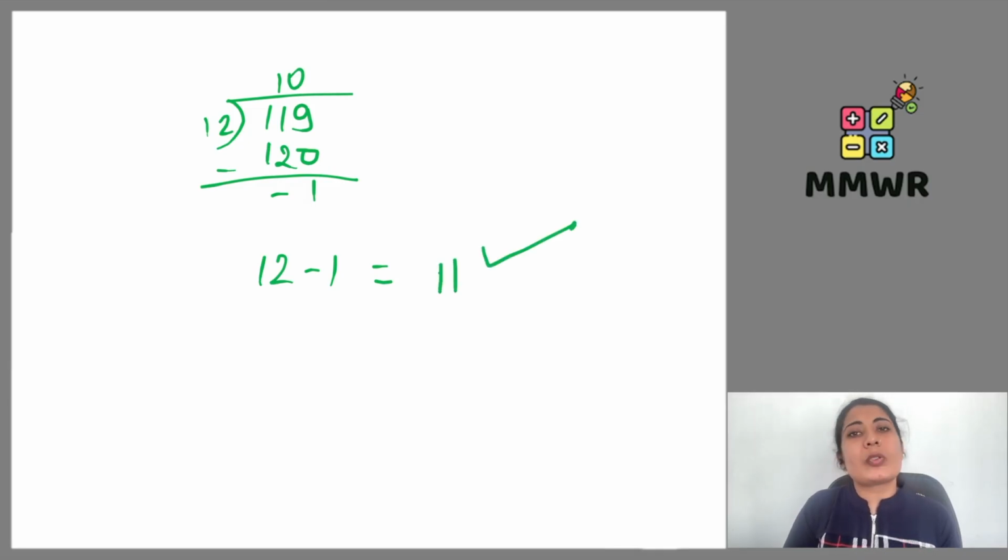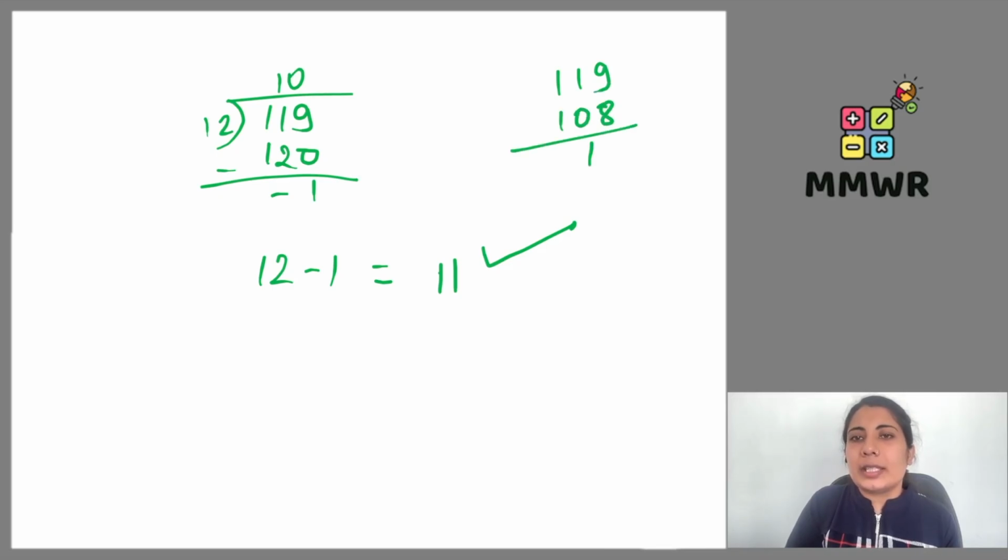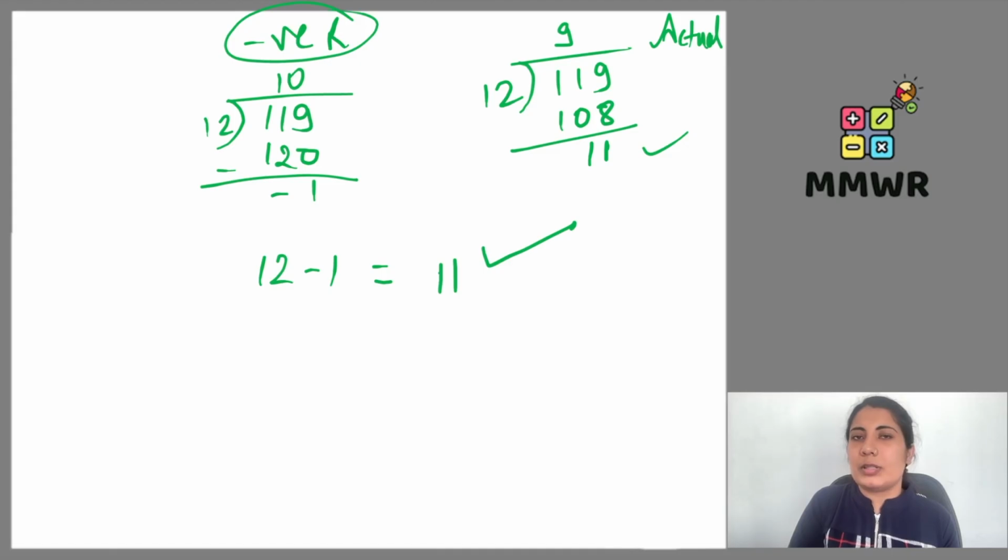So actual remainder is going to be 11 and the actual quotient should be 9. So 12 nines are 108. 119 minus 108 gives me 11 here. 12 by 12, 9 times, right? 11 is the actual remainder. So this is the actual division, but this is with the help of negative remainder concept.